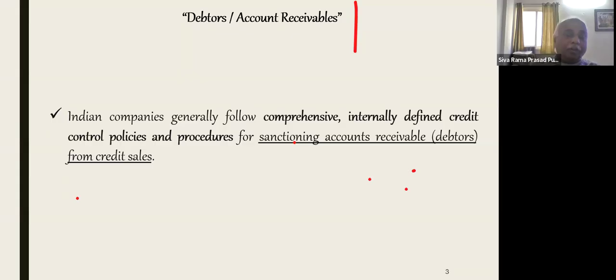Indian companies generally follow comprehensive internally defined credit control policies and procedures for sanction of account receivables from credit sales. Why are we talking about all these things in CIRP or IBC? Because you are going to handle the company.